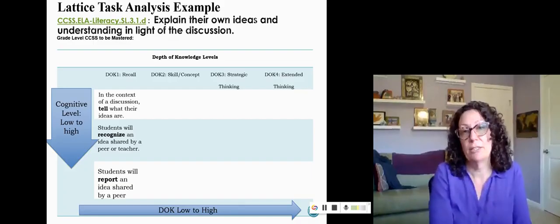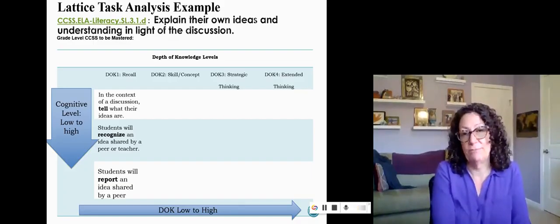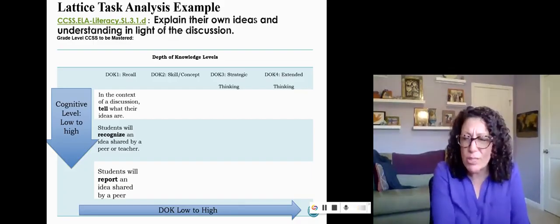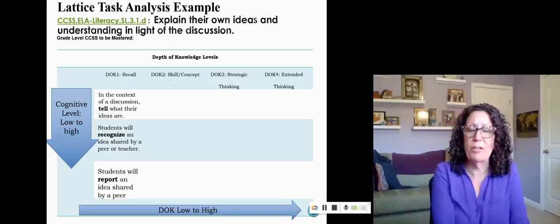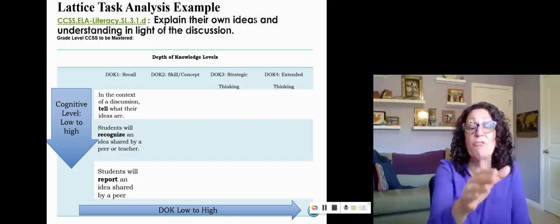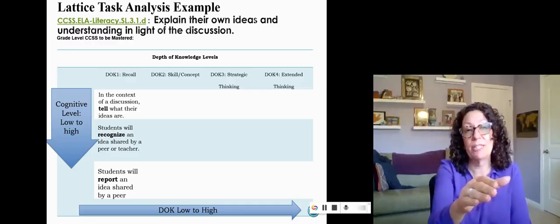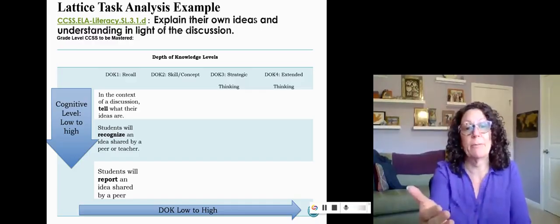So even though depth of knowledge 1 is below grade level, and it's quite low level, it's working on a 3rd grade skill. Those of you who work with kids with much lower cognitive ability who can't even tell what their ideas are, you might back up even farther than tell what your ideas are to request an item, right?